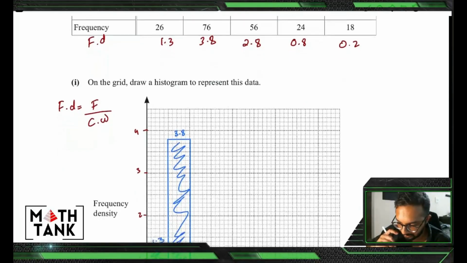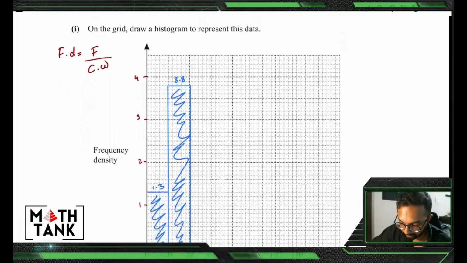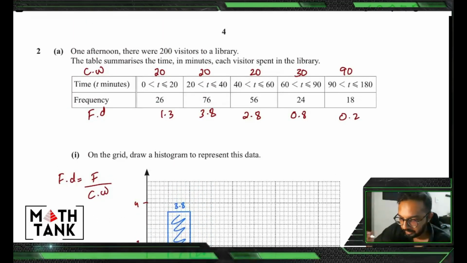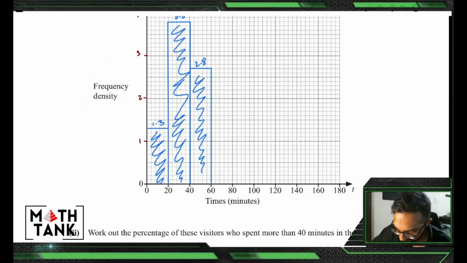Forty to 60, 56. And 2.8, sorry, 2.8. Okay, then 60 to 90 is 0.8. 60 to 90, so then somewhere in the middle.